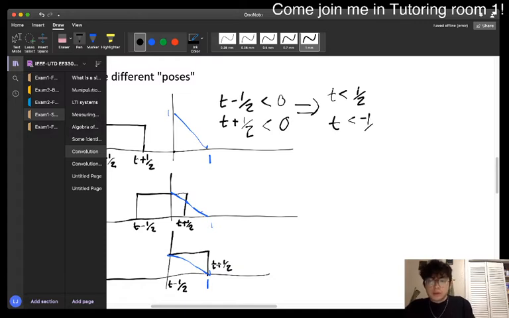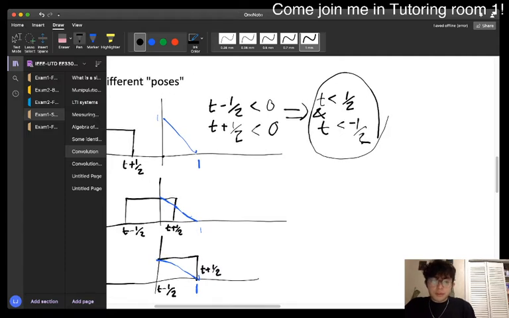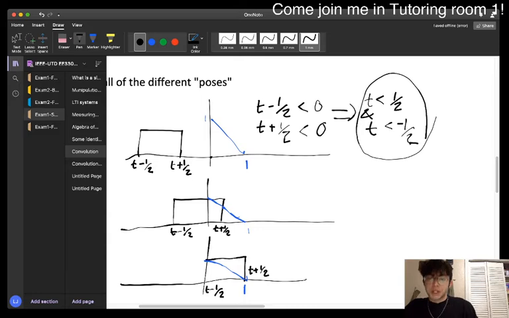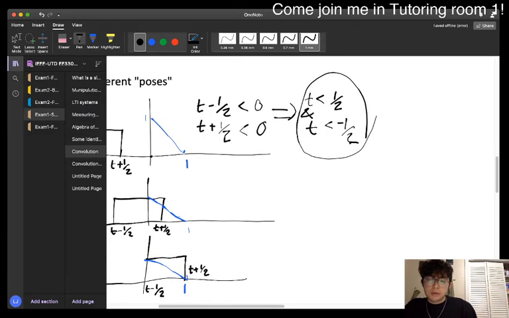So we get two bounds here, and what we need to do is take the intersection of them: the t values that satisfy both of these conditions. Notice that this one is a smaller region, so this is going to be the one for case 1.